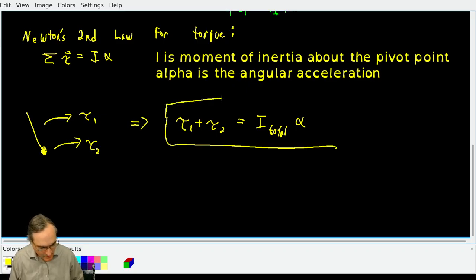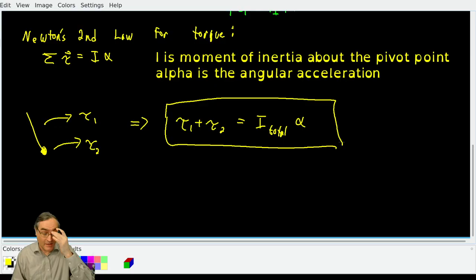So it is important to remember that we can use individual torques on individual pieces and add them all up. It ends up giving the answer much more easily than trying to find some center of mass distance stuff, figure out how the forces relate to that, and how the moment of inertia relates to that. This just leaves us having to find the total moment of inertia and think about the torque acting on each piece.